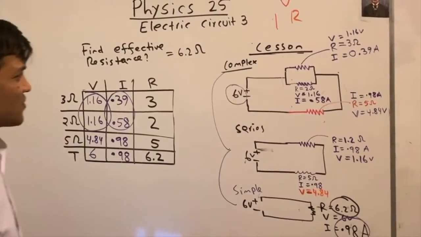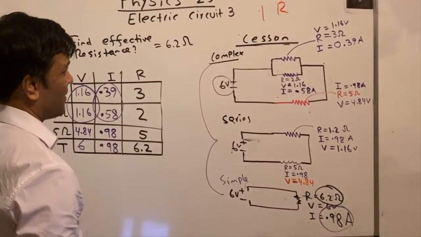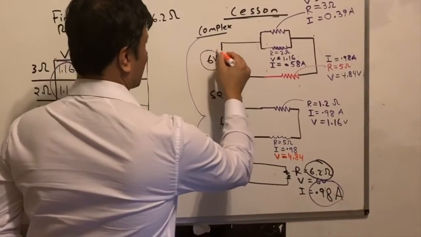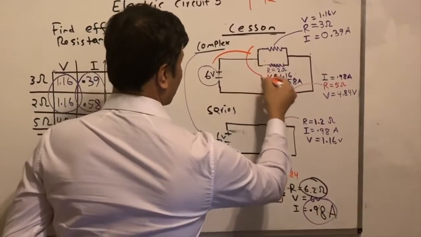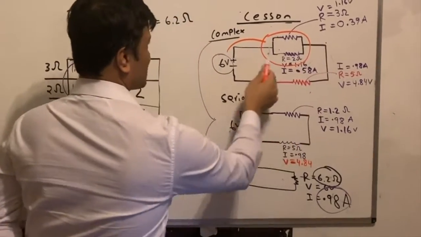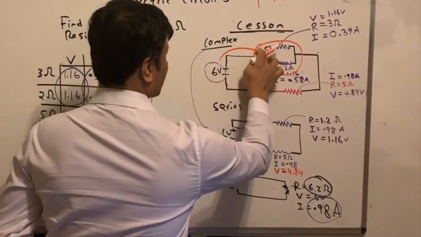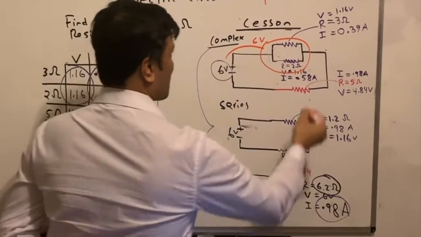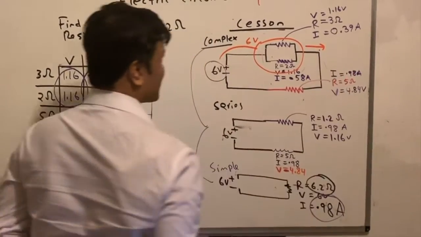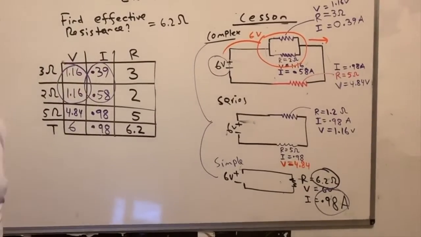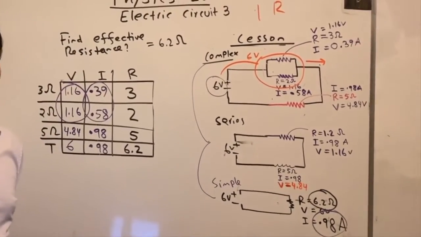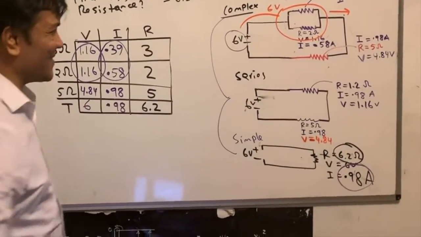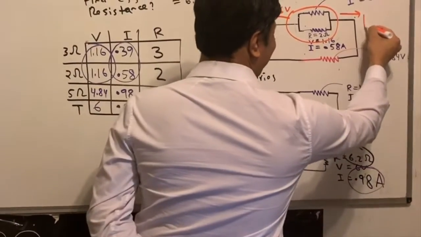Now let's see the voltage drops. How much voltage drops over here? These two, guess how much voltage? 1.16. And how much voltage comes out from here? Trick question. Let's see, 6 minus 1.16. How much is that? 4.84. How did you know so fast?